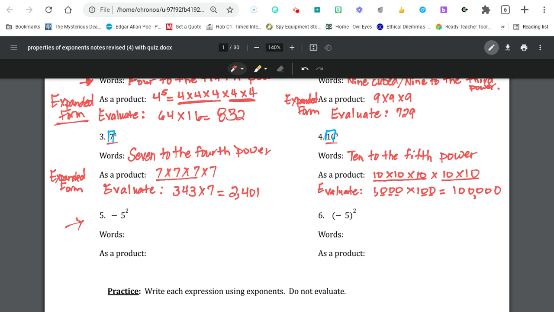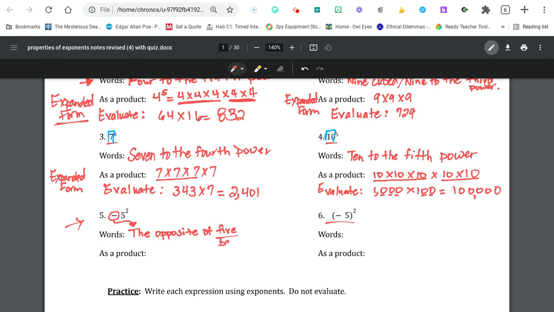So how do you read this thing then when you've got this negative, but it's not in parentheses like it is on number 6? You read this as the opposite. That negative sign, instead of reading it as negative 5 to the second power, you read it as the opposite of, and then your base is 5.